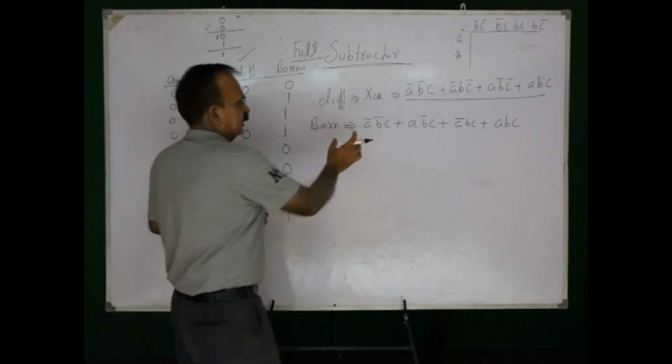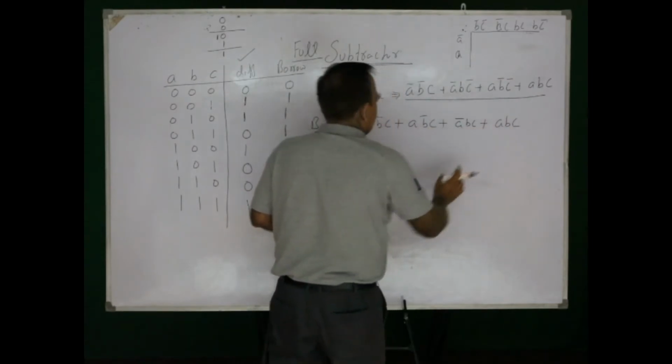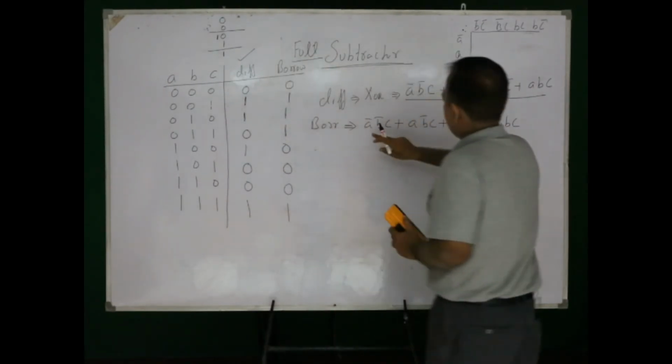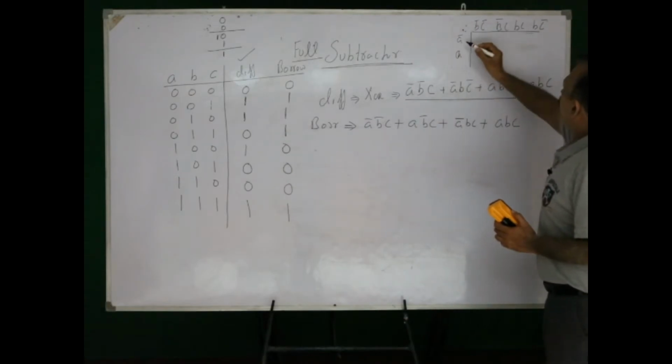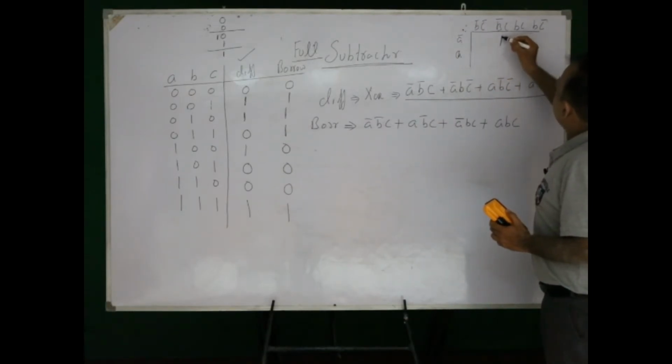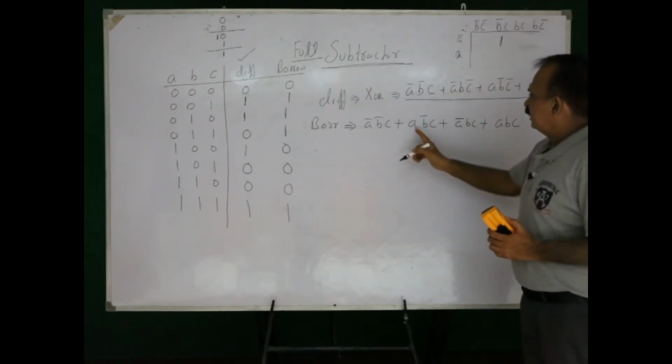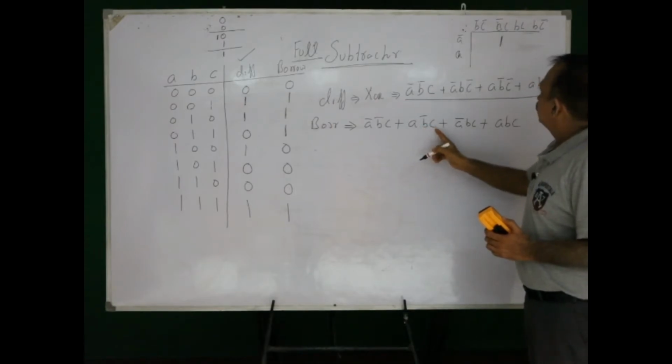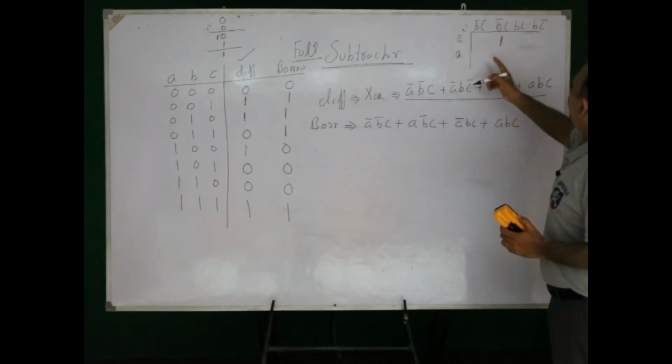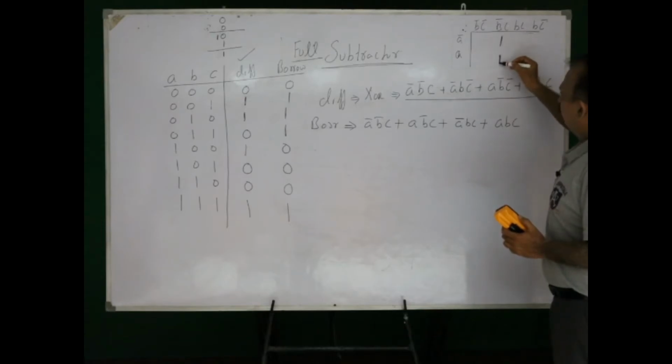Now I will be placing these entries as 1. That means A bar B bar C, this entry will be 1. The next is A B bar C, this entry will be 1.